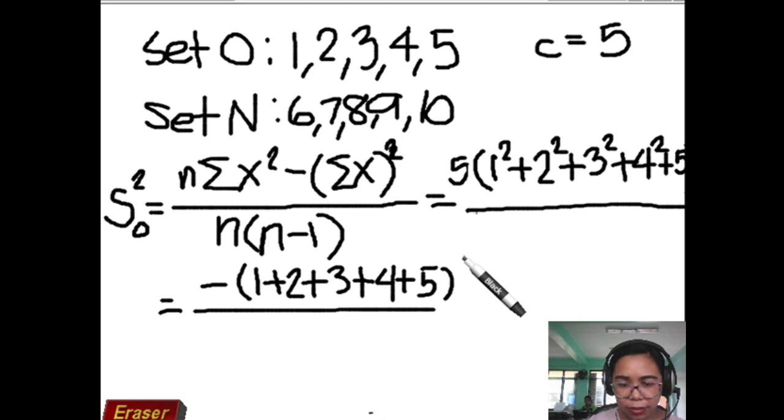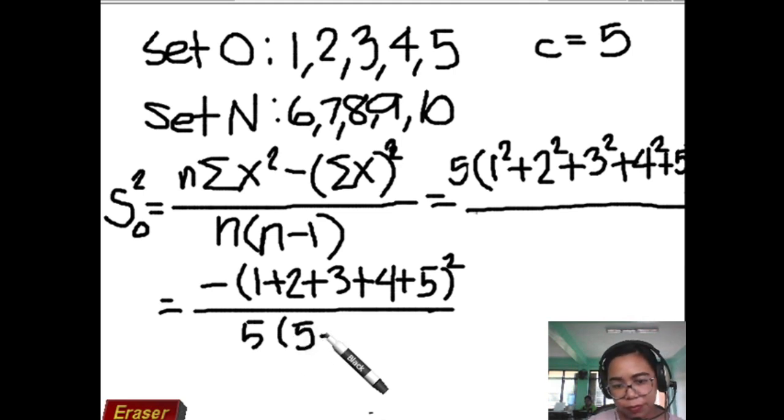Then we square. Okay, we divide it with 5 times 5 minus 1. Okay, let us solve for this one first.